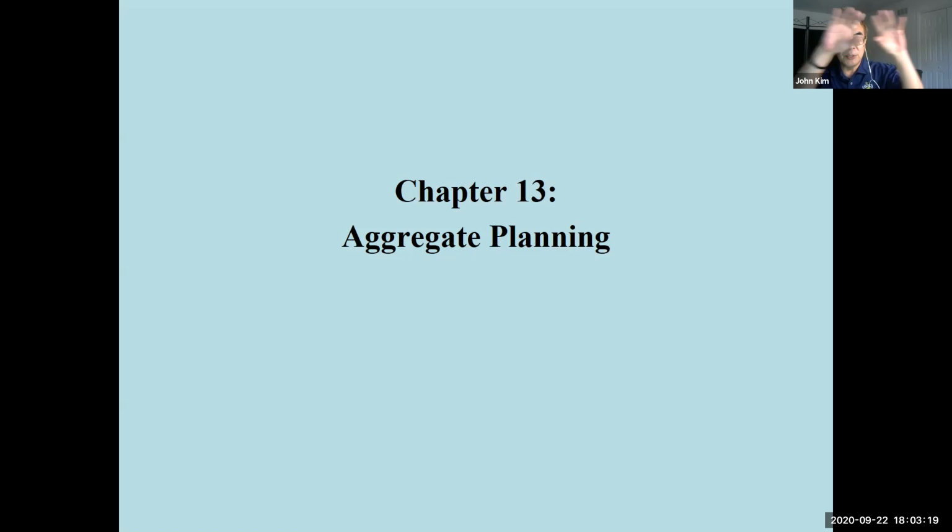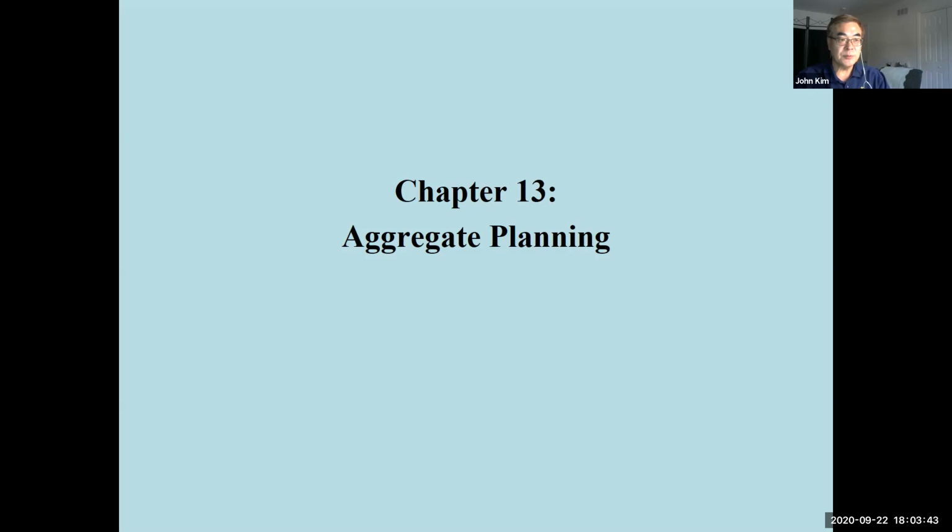Then mission or goal, then long-term corporate strategy, and then operations strategy. To achieve a goal they need planning, production planning and material planning and so on.